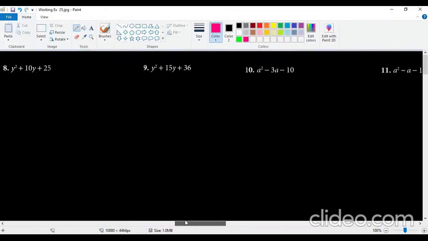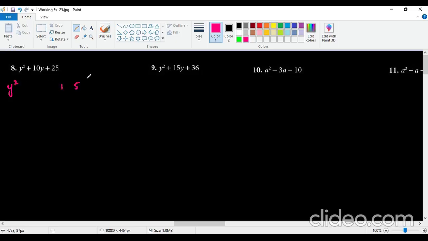When it comes to question number 8, I can see that 5 times 5 is 25, and when 5 is added to 5, it's going to give us 10. That means I will write y square and 25 at the corners, and I begin writing plus 5x and plus 5x.